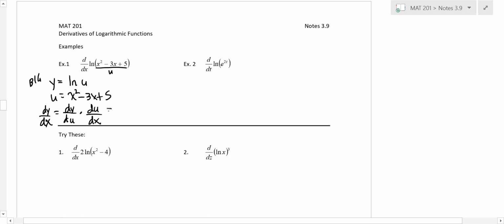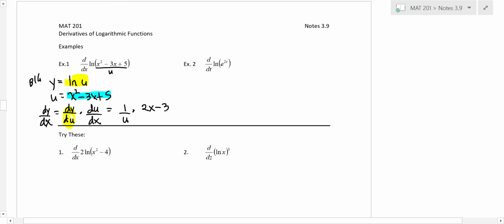It's actually very simple. What is the derivative of ln of u? That's what I just taught you. It's 1 over u, right? So that part is going to be 1 over u. Now what is the derivative of the inside? 2x minus 3, right?